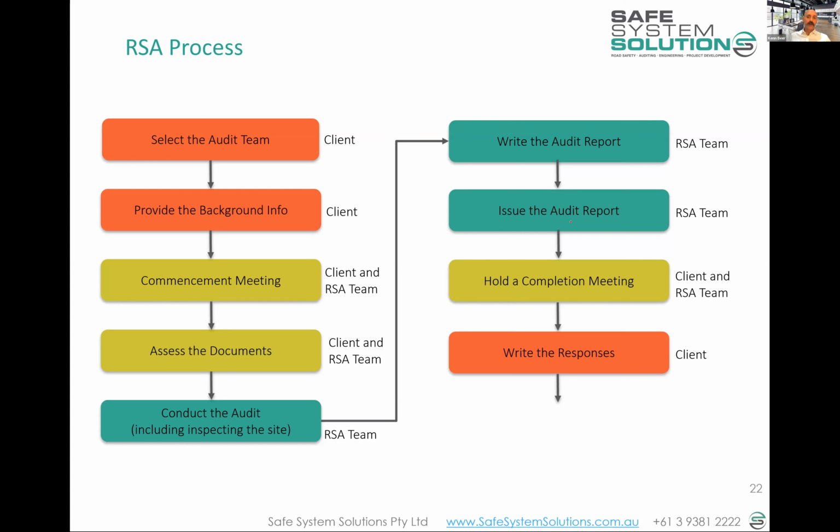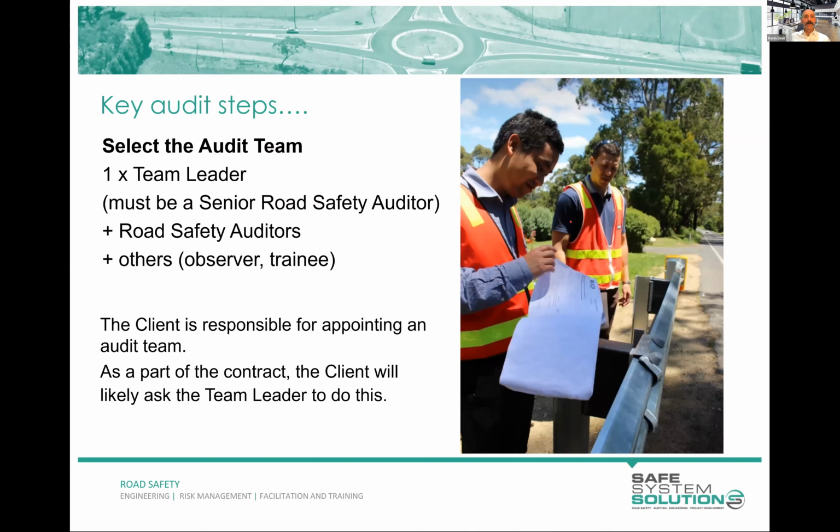And if so, what are we going to do about it? Then they make changes to the design, the road, and the scheme. So that's the process that is followed, the 10 steps. I'll go through these in a little more detail.